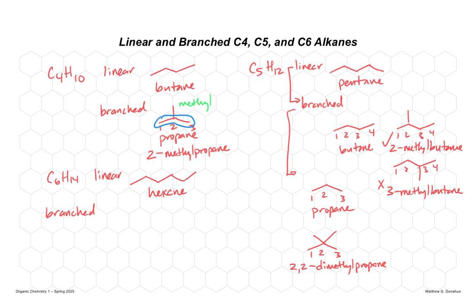Communicate to me a name, and then I'll draw it up there, of a branched isomer that is a pentane derivative. 2-methyl what? 2-methylpentane.